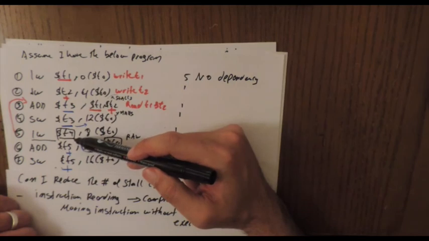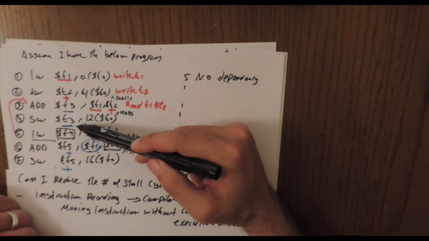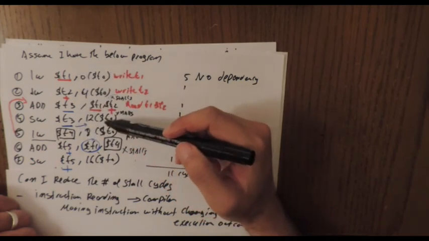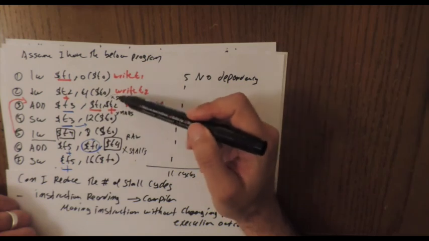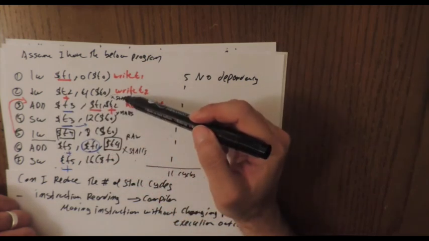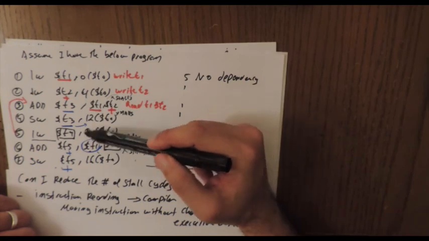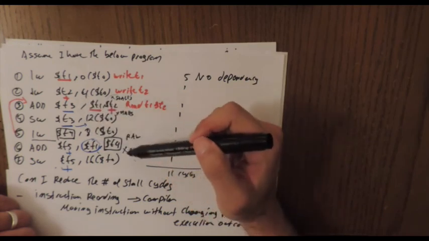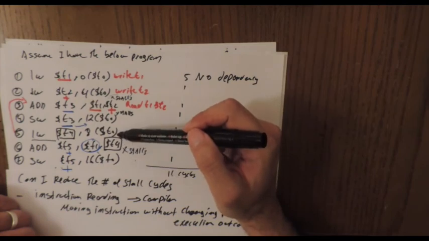Now if I look at T4, this instruction has nothing to do with any of the registers above it, so I can move it. I have a stall here, so if I move this instruction and place it here, I can eliminate one of the stalls. And furthermore, since these two depend on each other, moving that instruction twice up will actually eliminate a stall between this instruction and this instruction.